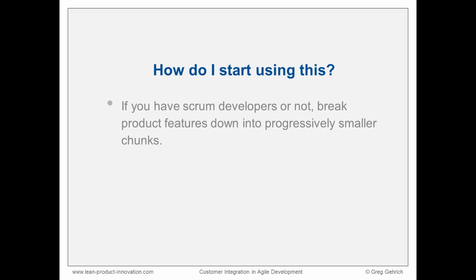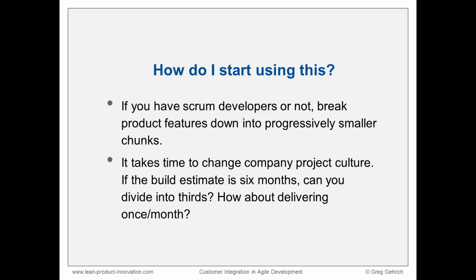So how can I start using this? Whether or not you have Scrum developers, break down your product features into progressively smaller chunks. It takes a lot of time to change company project culture, and you have to realize this up front.